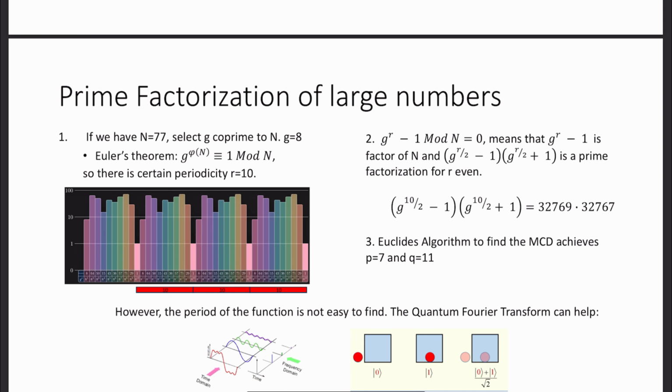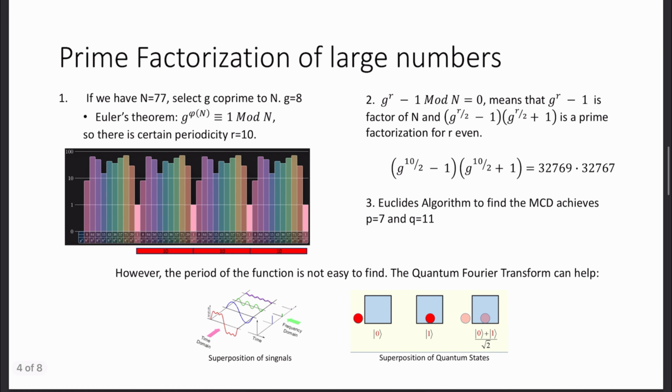Now, this was a very easy example, but if the number is large, we can use another tool called the Fourier transform, which is able to find the periodicity in signals, because here we have a signal with a given period.